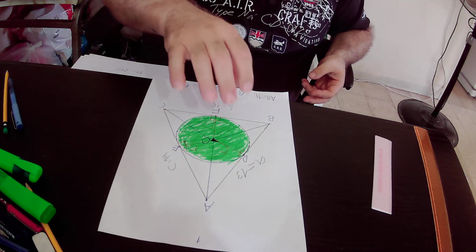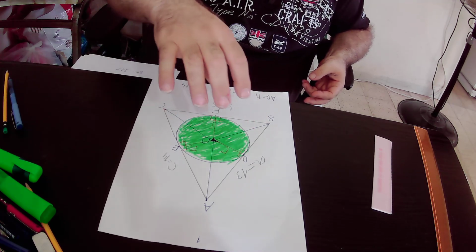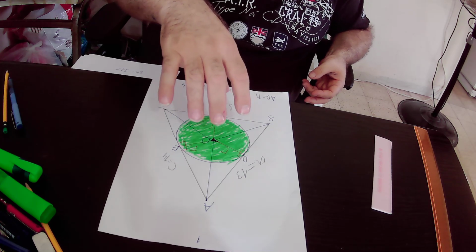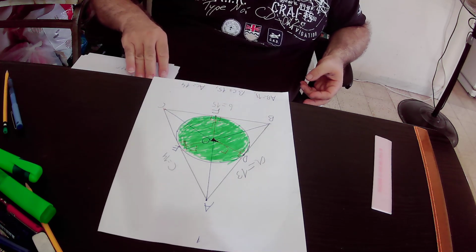So the sum of the areas of the small triangles equals the area of the big triangle, that is actually 84 square units.